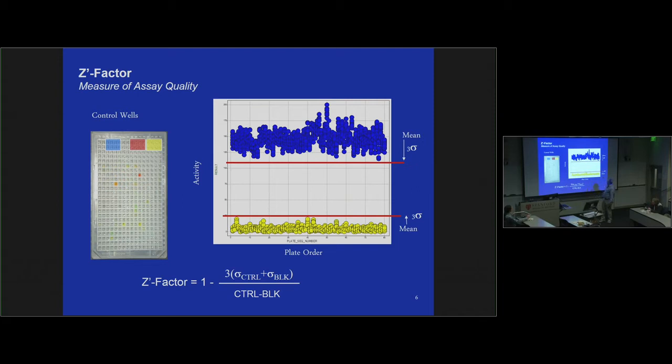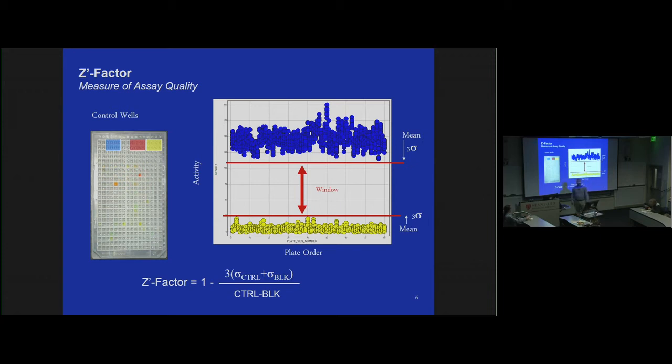The way it's calculated, you can think about it as starting at the mean up here, coming down 3 standard deviations, starting at the mean down here, and going up 3 standard deviations. And we're looking at the relative size of that window relative to the difference between the two means. And it's a dimensionless number.